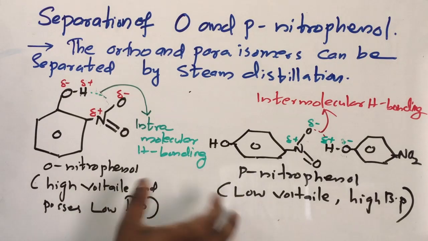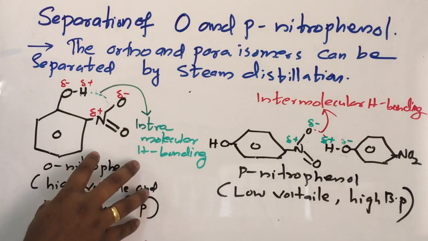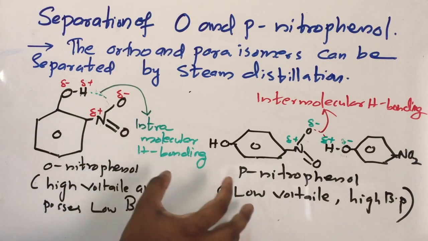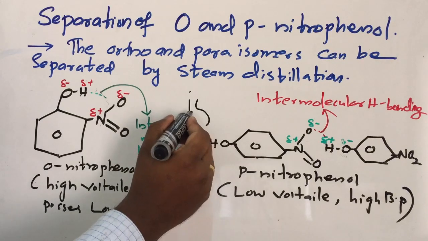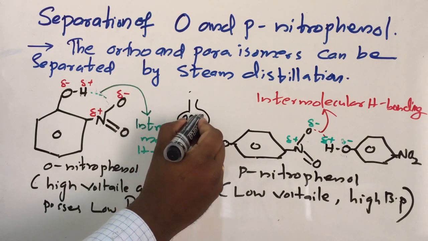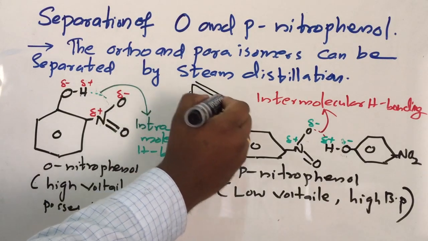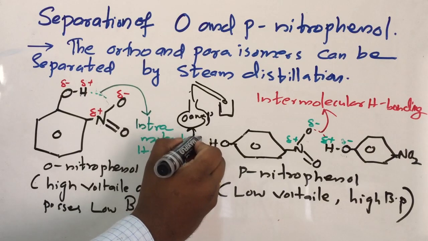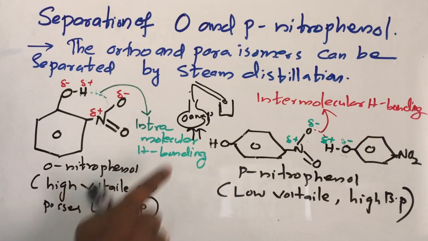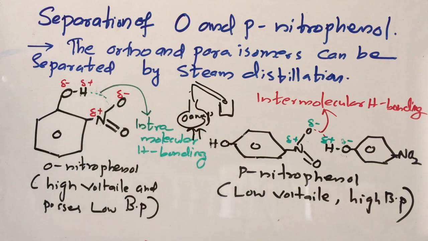So this difference in boiling point can be used for separation. Take the ortho and para-nitrophenol mixture in a distillation flask, then connect it with a condenser and a receiver. When you heat the mixture, out of ortho and para, which compound will form vapor first?